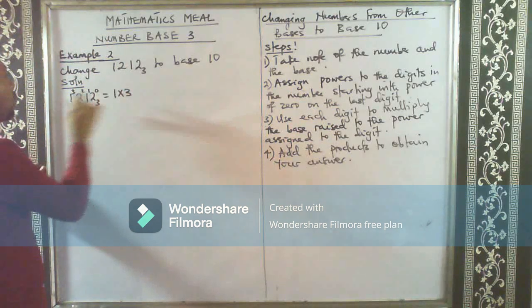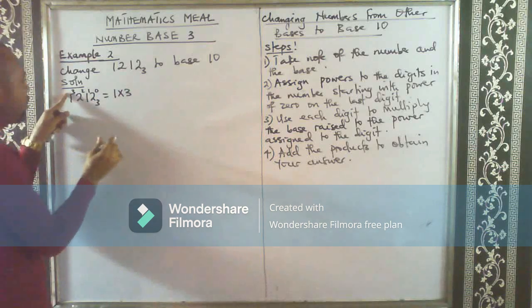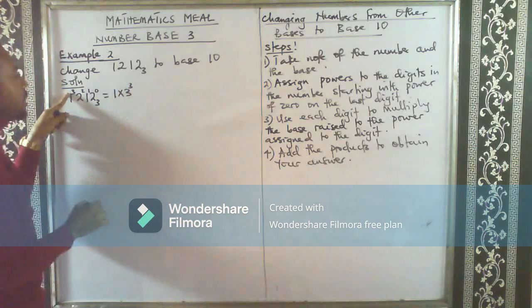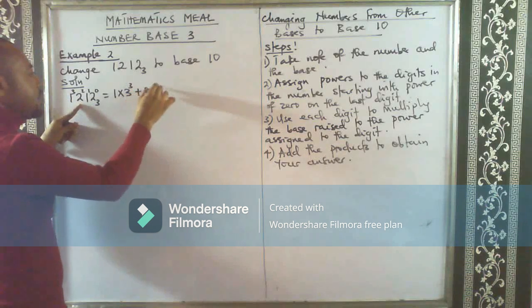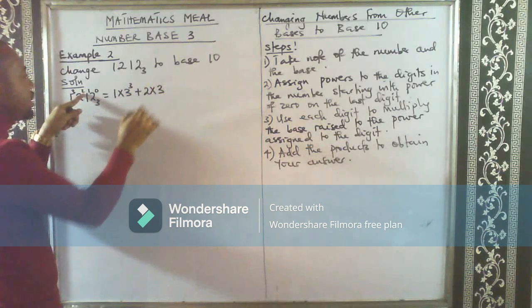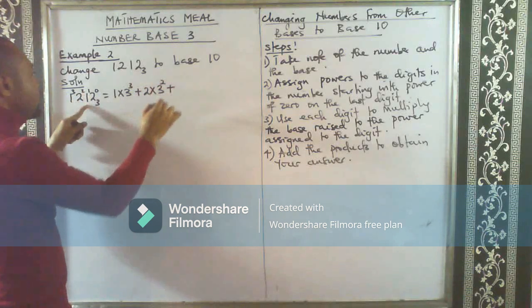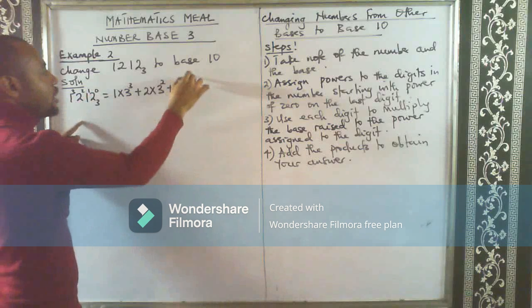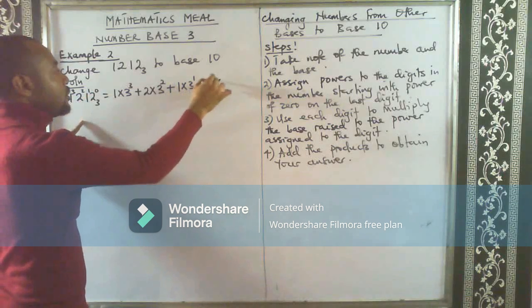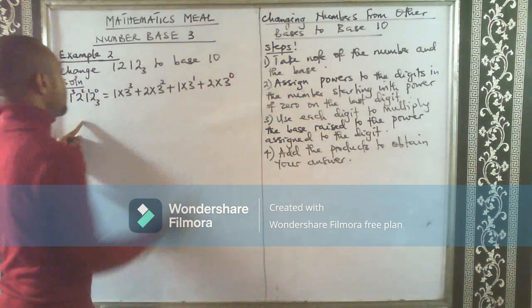The base is 3. What's the power assigned to these digits? It's power of 3. Plus 2 times 3 to the power of 2, plus 1 times 3 to the power 1, plus 2 times 3 raised to power 0.